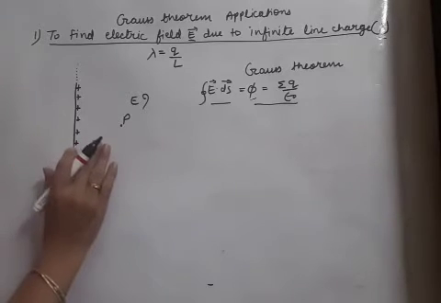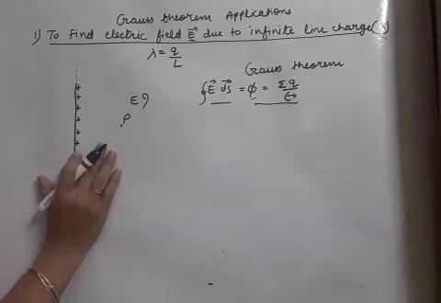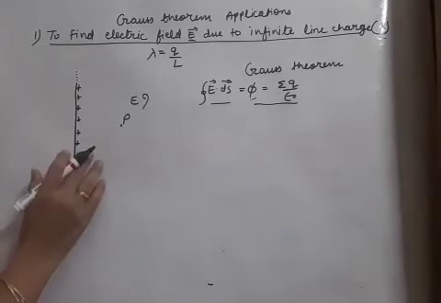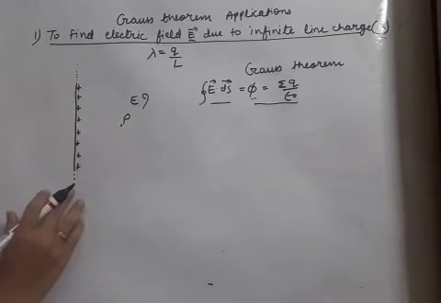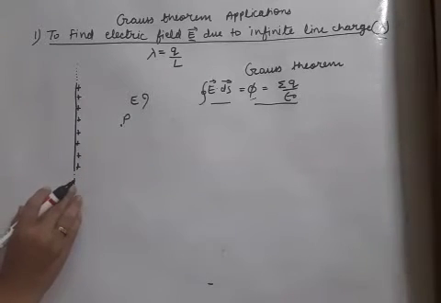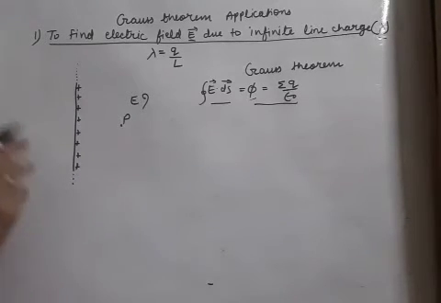Okay, now we will be first of all understanding this diagram of this line charge. So let us understand. First of all, this is the infinite line charge. We have to enclose it. So we have to take an imaginary Gaussian surface which will cover this charge from all the sides.